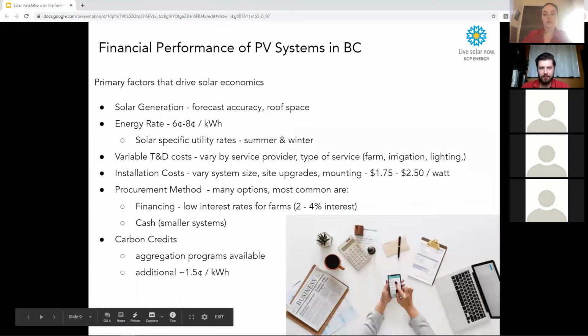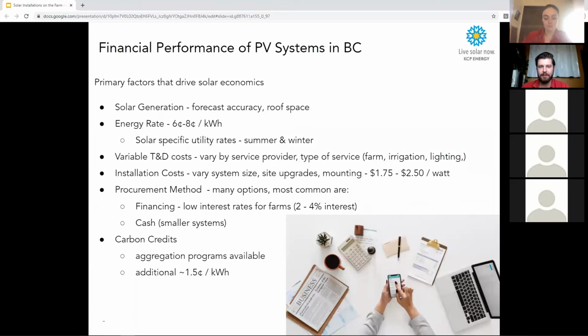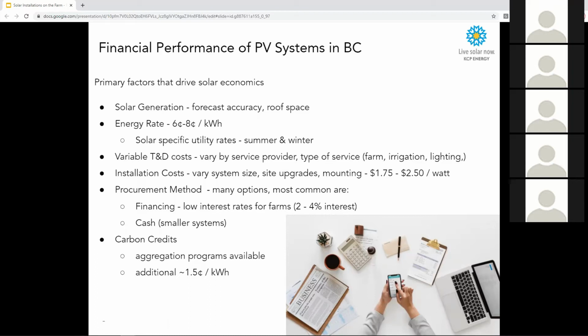When you're looking at the economic viability of a solar energy system, there are some primary factors that drive system financials. First and foremost is the amount of energy the system actually produces. So in the event the building or area being considered has factors that significantly reduce the production potential, such as shading from trees or buildings, that might not be the best spot to place those solar panels.